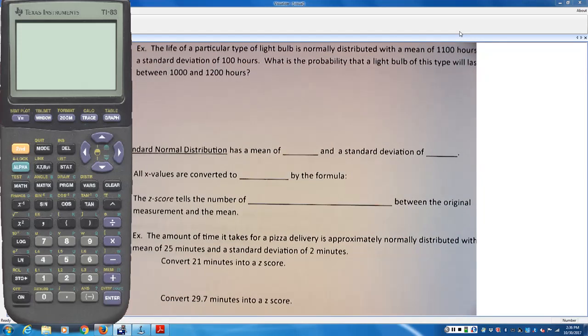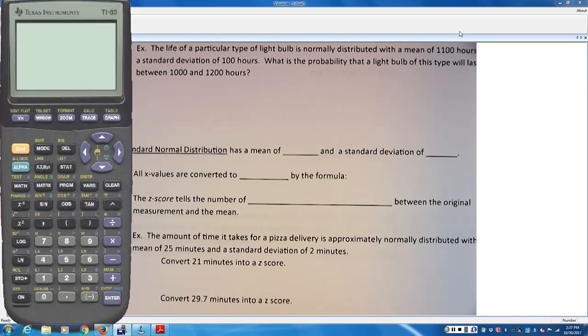It says the life of a particular light bulb is normally distributed with a mean of 1,100 hours and a standard deviation of 100 hours. What's the probability that a light bulb of this type would last between 1,000 and 1,200 hours?